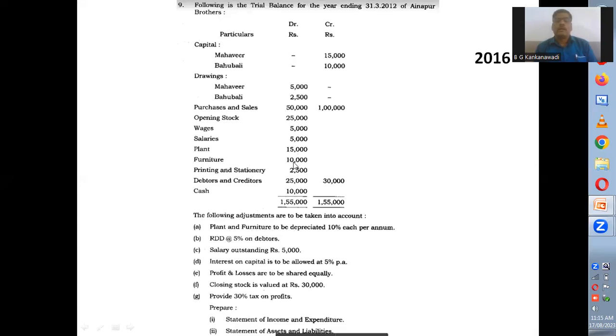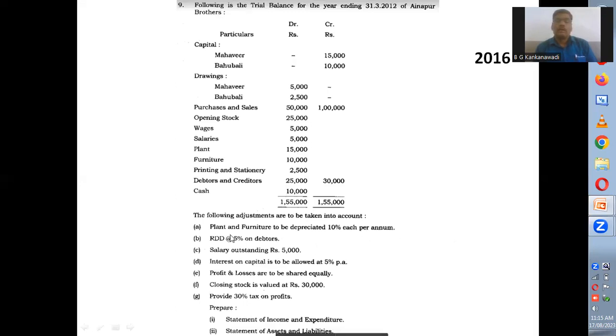And furniture 10,000, 10% of 10,000 is 1,000. Plant depreciation 1,500 and furniture depreciation 1,000 come under the income and expenditure statement under the head depreciation, and the same amount you deduct in the balance sheet asset side in the respective asset.